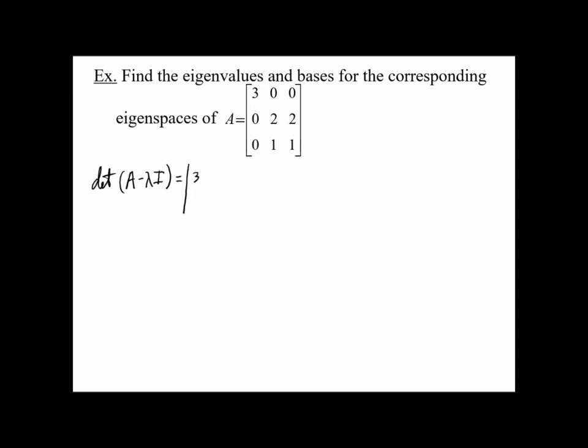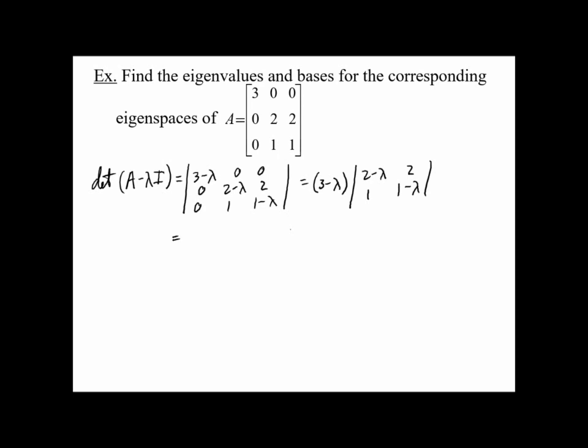So 3 minus lambda, 0, 0, 0, 2 minus lambda, 2, and 0, 1, 1 minus lambda. Now the nice thing is all those zeros make this a pretty easy determinant to calculate. It's going to be 3 minus lambda times the smaller matrix, so it'd be 2 minus lambda, 2, 1, 1 minus lambda.